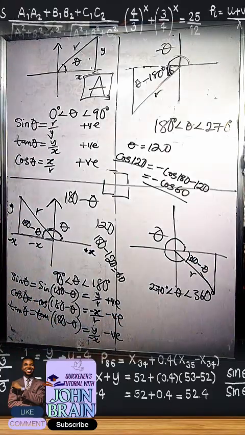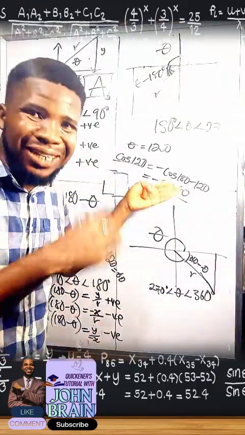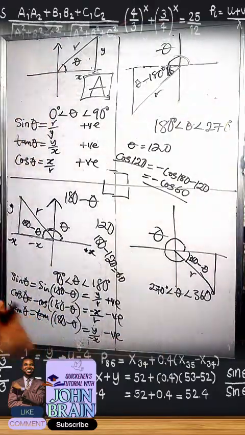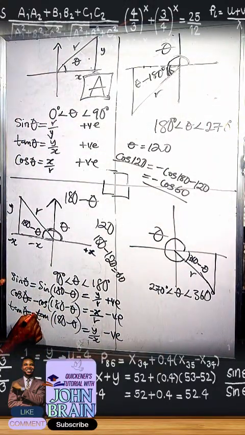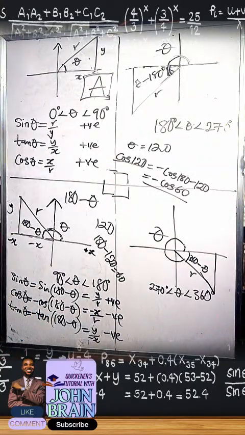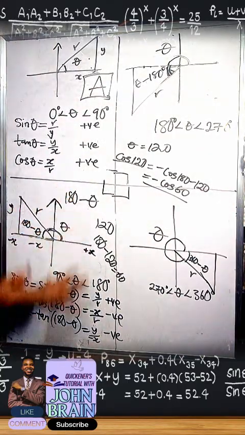Can you see that? So just like what we did there, tan 120 will be minus tan 60. You understand that now? Good. So here will be negative minus tan of 180 minus theta. I hope you understand that, right? Good. So we are done with the second quadrant.